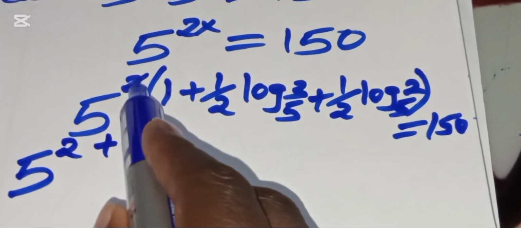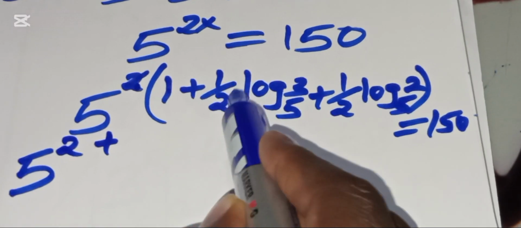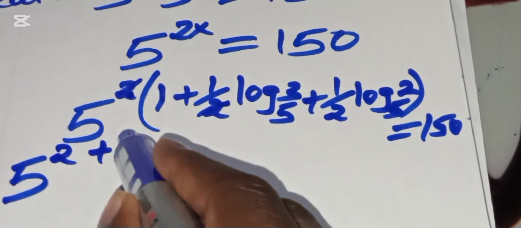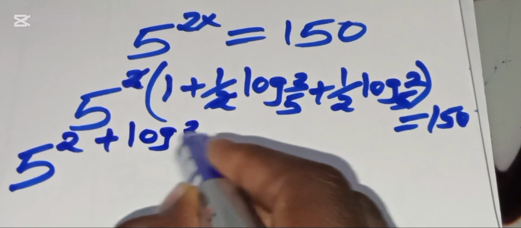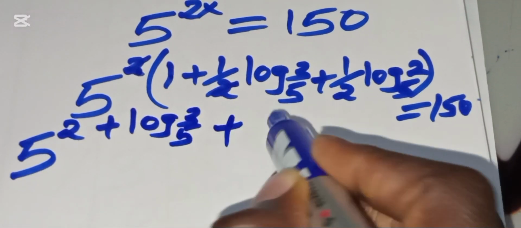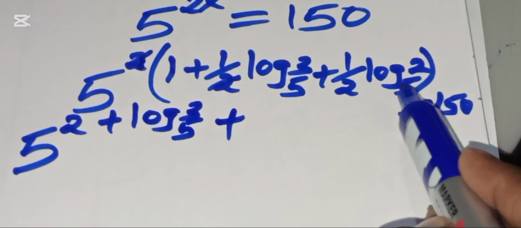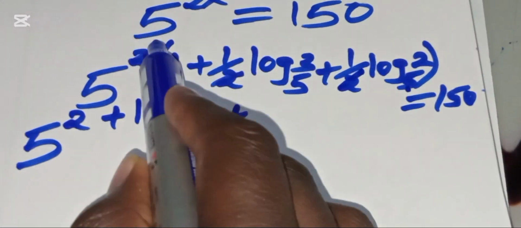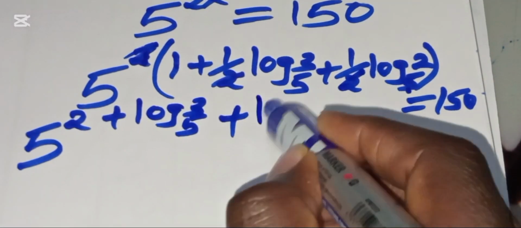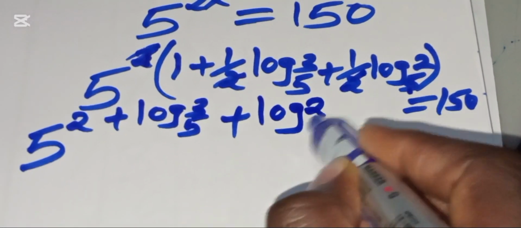Plus, we'll have 2 multiplied by a half, which simplifies, so we'll have log 3 to base 5. Plus 2 multiplied by a half log 2 to base 5; the 2 and the 2 cancel. We'll have plus log 2 to base 5.